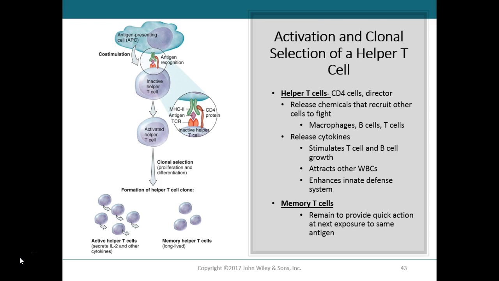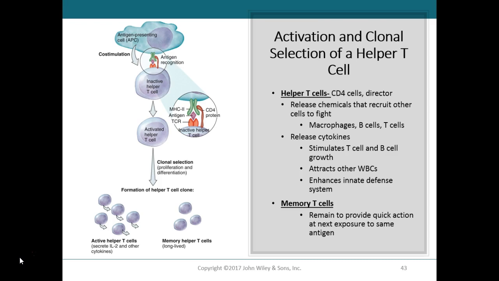But the other receptors on the T cells, the CD4s and the CD8s, are co-receptors. So antigen recognition by the T cell receptors and a CD4 or CD8 receptor is the first signal in activating that T cell.